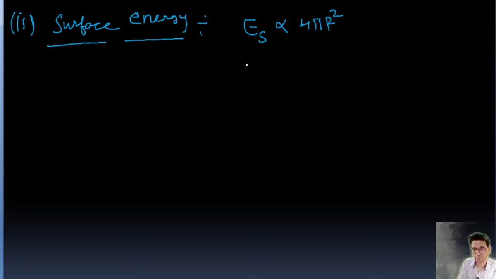Since we know R is R naught A to the power 1 by 3, Es is going to be proportional to A to the power 2 by 3.